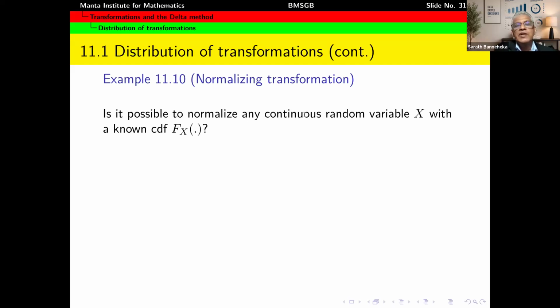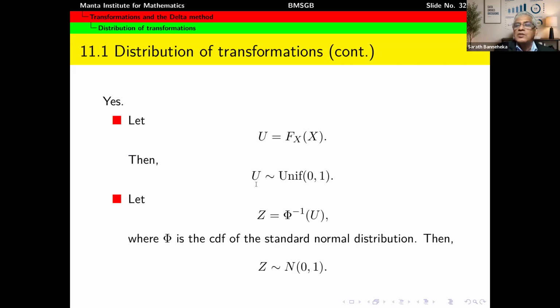So is it possible to normalize any continuous random variable X with a known CDF F_X? The answer is yes. So what do you have to do? First of all, get the X data and then apply this probability integral transformation. Say U is equal to F_X(X). So here you have to know the distribution of X. And then U will be distributed as uniform(0, 1), which we have proved.